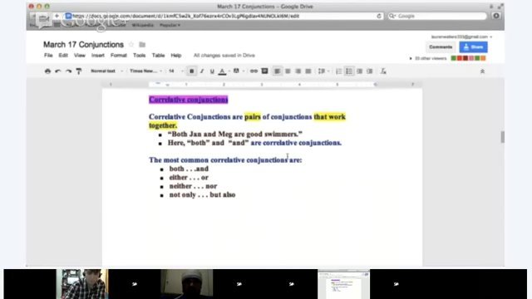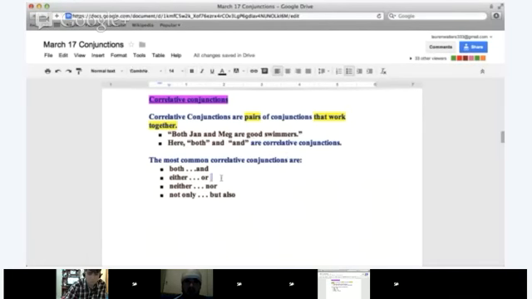Correlative conjunctions are pairs of conjunctions that work together. Both Jane and Meg are good swimmers. Here, both and are correlative conjunctions. The most common correlative conjunctions are both and, either or, neither nor, not only but also.